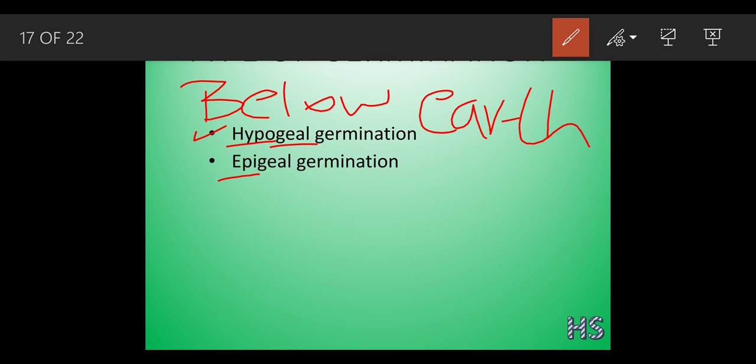The word epi means above, and geal, G-E-A-L, is the earth. So first we will understand the terminology part. Hypogeal means below earth and epigeal means above earth.